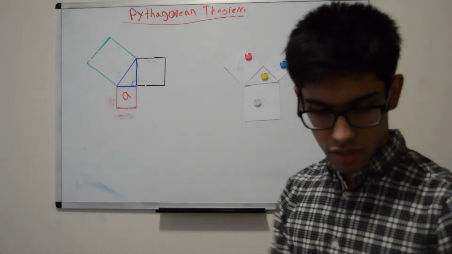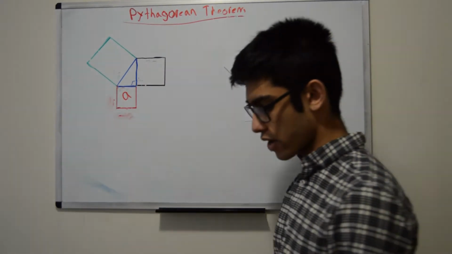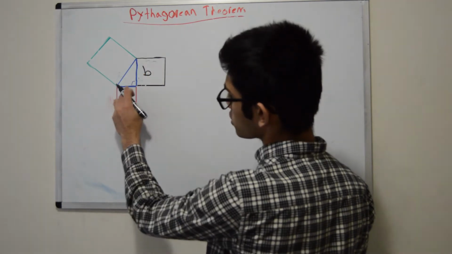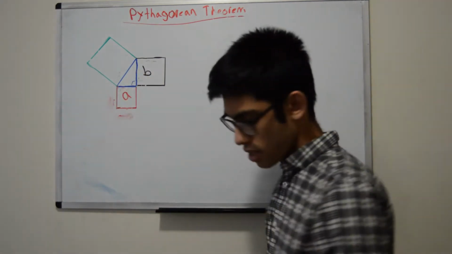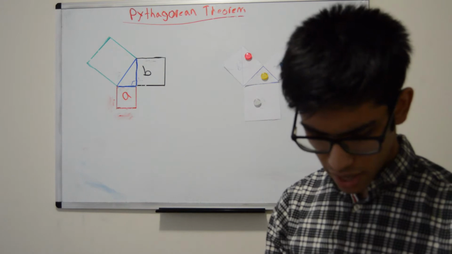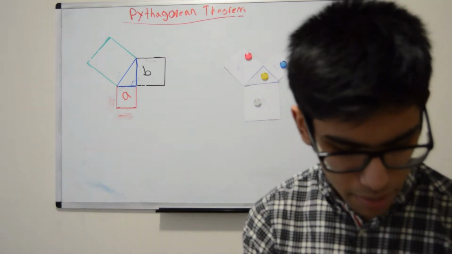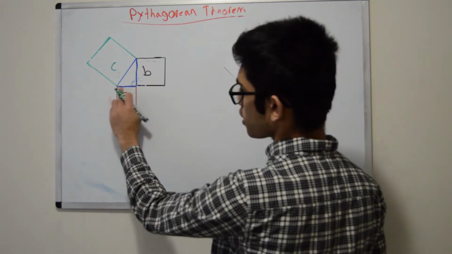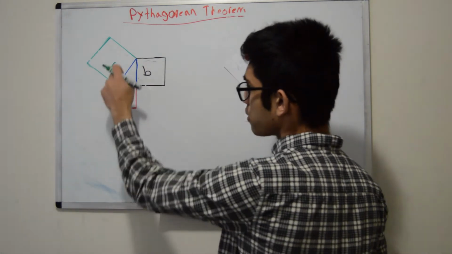Let's call the other side that makes the right angle, let's call that side B. So again, this side we're calling A, this side we're calling B, and the other side, let's call that C, alright? So A, B, C, pretty simple letters to use. So I have this side that I labeled A, this side I labeled B, this side I labeled C.